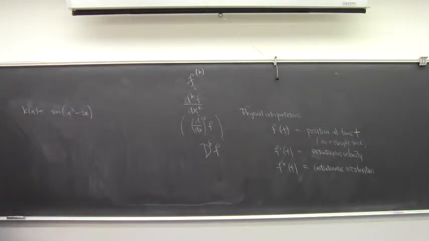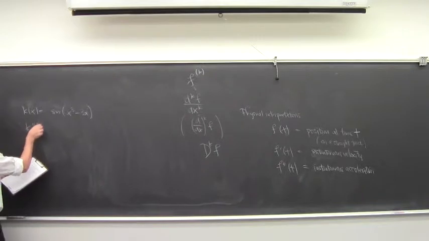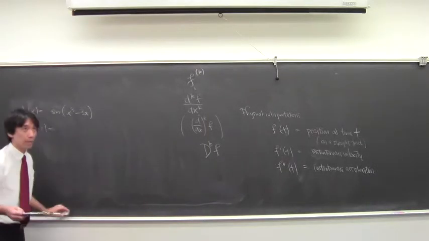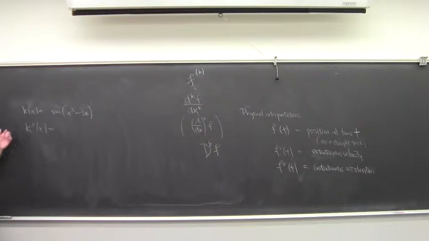So k of x is sine of (x cubed minus 3x), and they ask for the third derivative of that. Let's just do the second derivative. That'll be sufficiently instructive. Okay. So take 1 minute and determine the second derivative. So take the first derivative and then take the derivative of that.